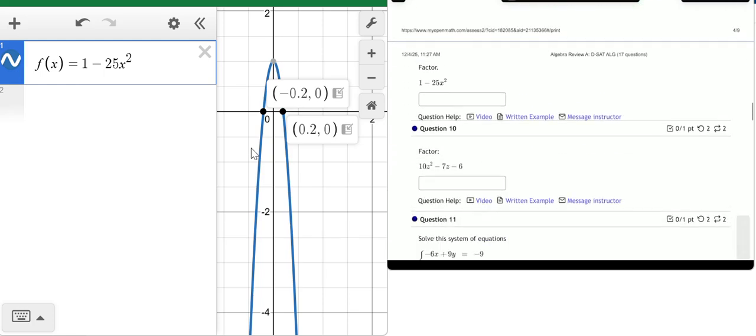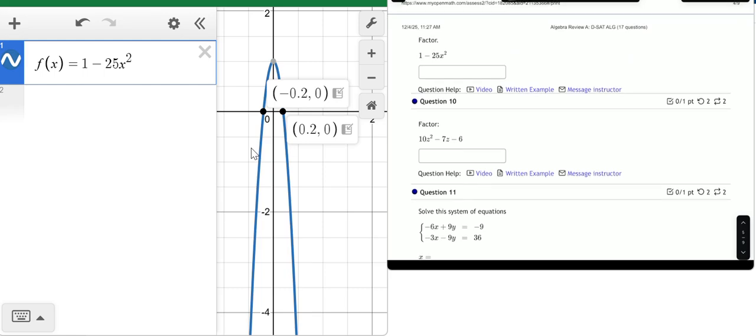Okay, so if I do that same thing for this, I know a couple things. My graph opens down, which means my leading coefficient has to be what? It's a negative, right? So I know there needs to be a negative removed from this whole thing. So I do have a negative.